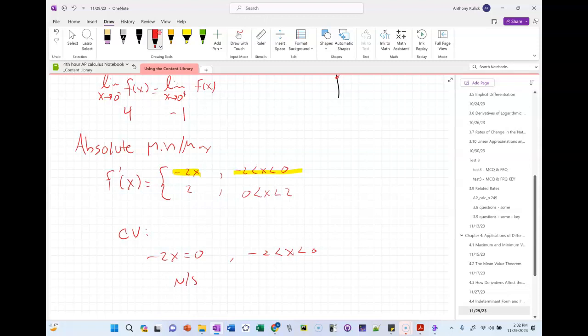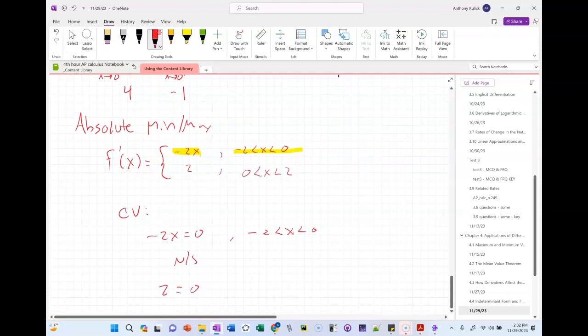There's nowhere between -2 and 0 where -2x is equal to 0, right? Similarly, 2 equal to 0, well, that just has no solution everywhere, right? Does that mean we have no critical values? No. We have a critical value. What is it?